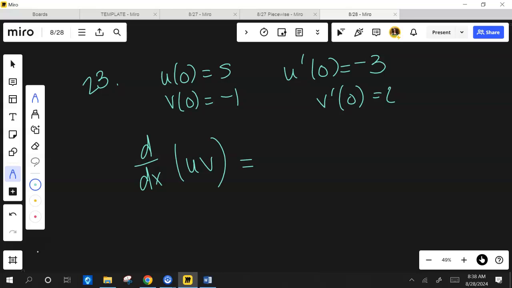Did I copy these right? 5, -3, -1, and 2. So this is going to be derivative of the first times the second plus the first times derivative of the second, but they're all occurring at that particular value. So that's what they've given me, right? So derivative of u would be -3, v of 0 is -1, u is 5, derivative of v is 2.